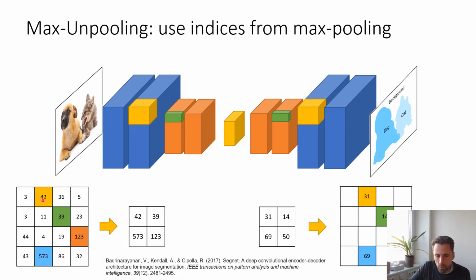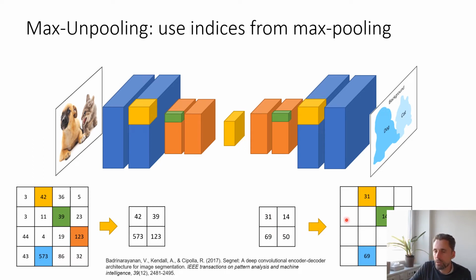Now, we also remember those indices. So where did we get the maximum from? Because in Max-Unpooling, we need these indices to then fill the output in the upsampling step with those respective values, right? So let's say in this output layer, we have a 2x2 matrix with these kind of values, and we want to upsample these.